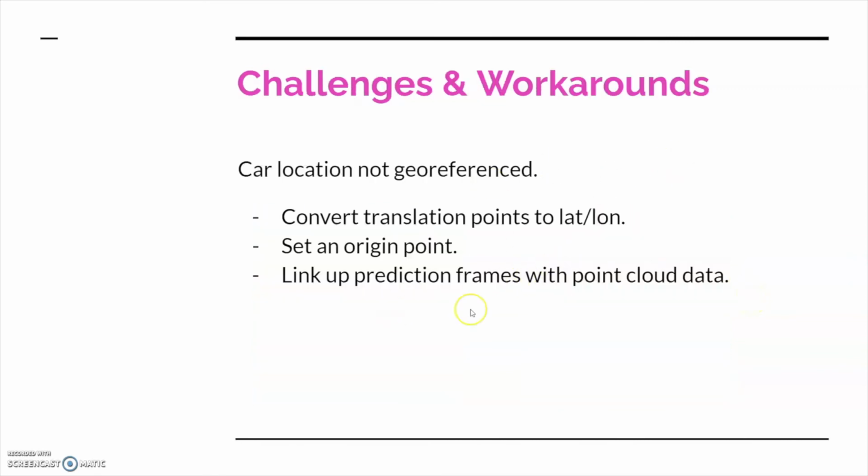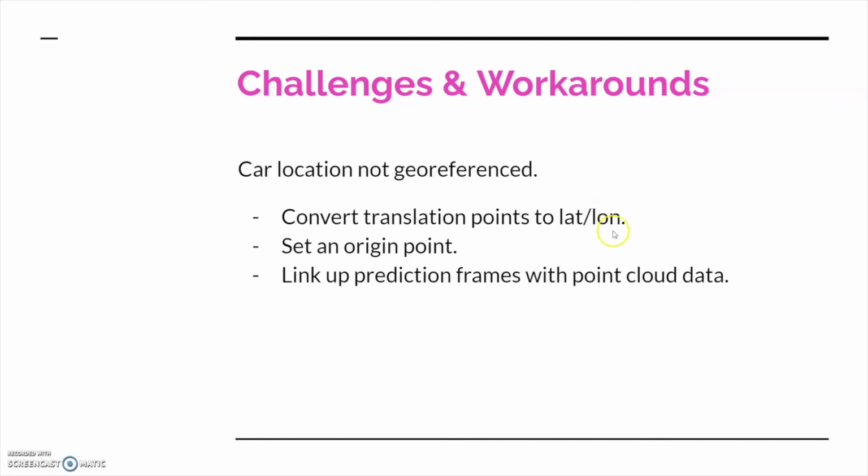The challenge is again putting the car at the correct position in the world. Instead of giving us the exact location, the data only gives us the translation points. It was difficult to directly put it in Cesium. I tried to translate these points into latitude and longitude with the built-in matrix that comes with the L5 kit.